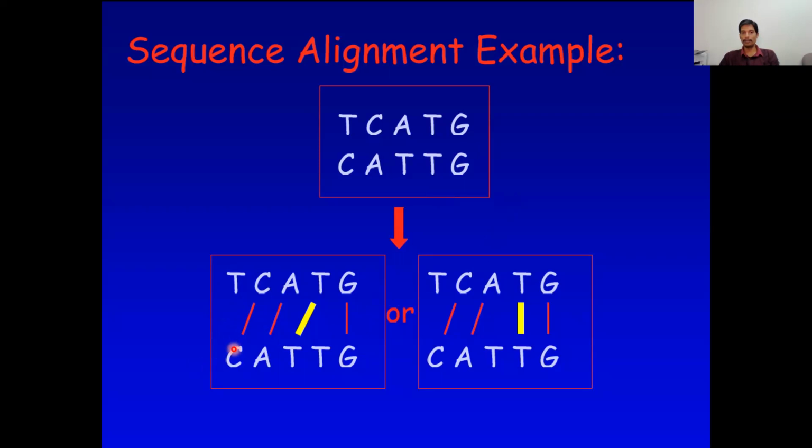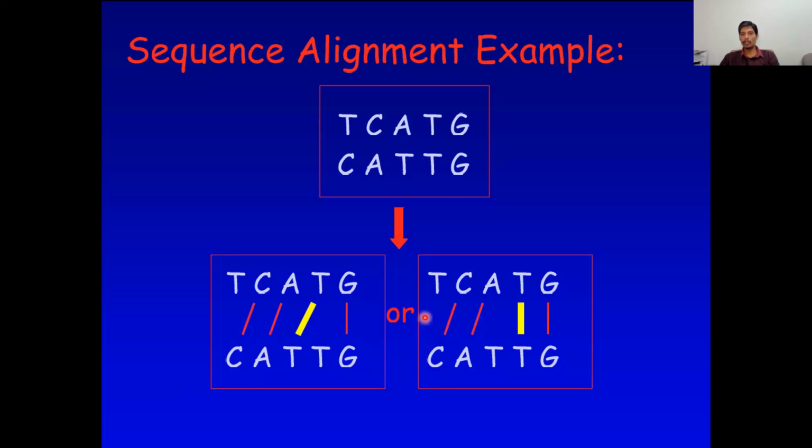And C with C, A with A, T with T. And this T does not have any pair, so it's a gap here, a deletion. And G with G. So when you put this, you have four similarities and two deletions: one deletion between T and G, and one deletion before C, where there is nothing for the T.